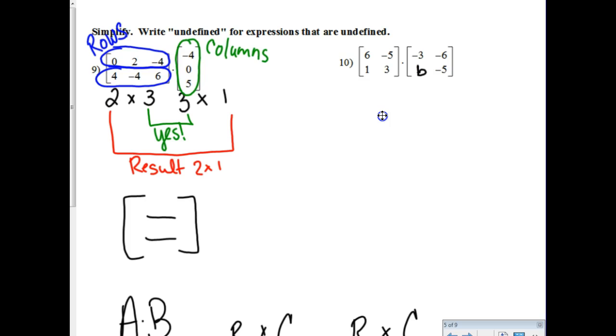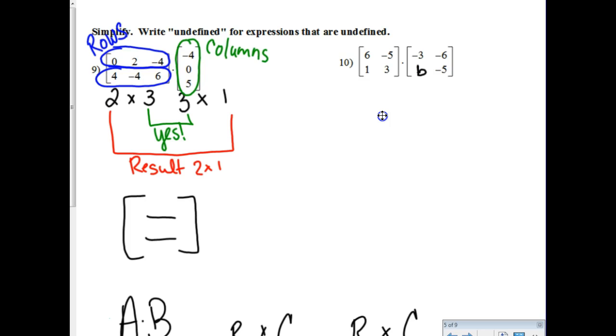What do you got? 0 plus 0 plus negative 20. What's 0 plus 0 plus negative 20? Negative 20. Write it down in 1, 1. That was first row, first column. All right. Now we need second row, first column, which is the only thing left. Pointer finger ready. Here we go. What do you got?